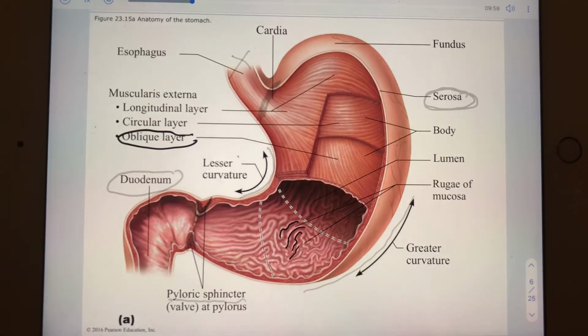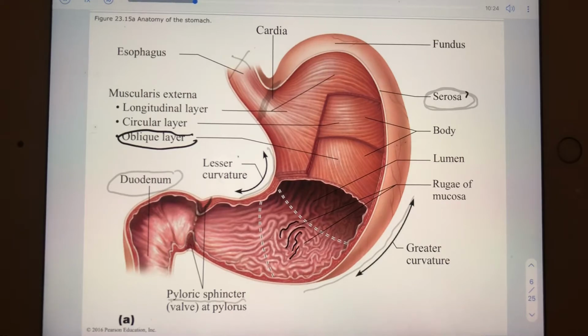And this, smooth muscle fibers, of course, makes the stomach even more flexible, even more powerful, even more manipulable, so that it can practice mechanical digestion, not just chemical digestion.